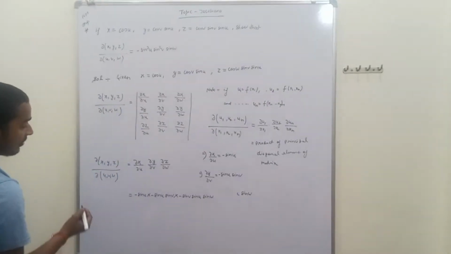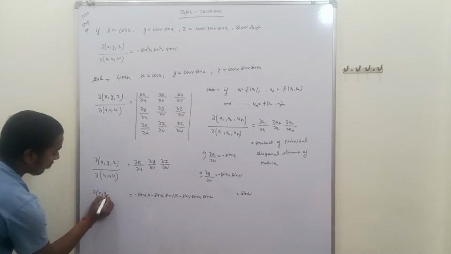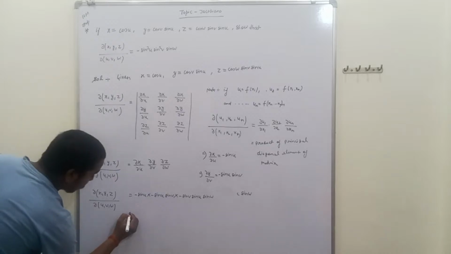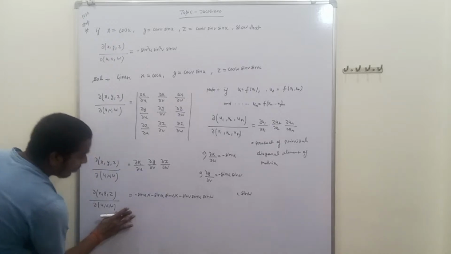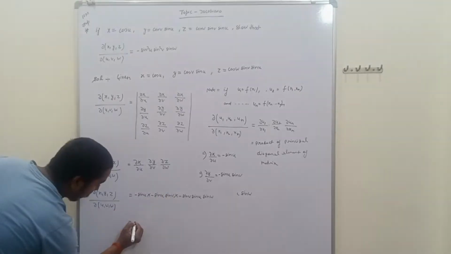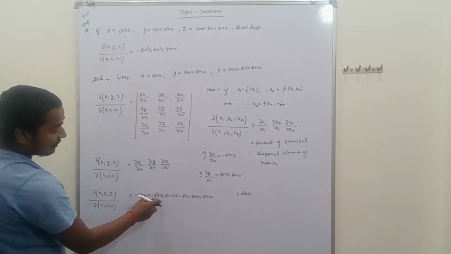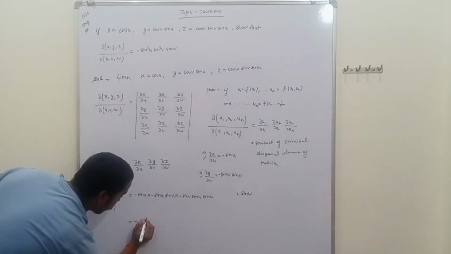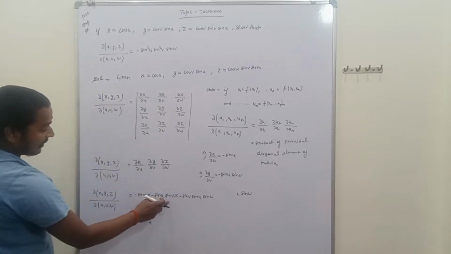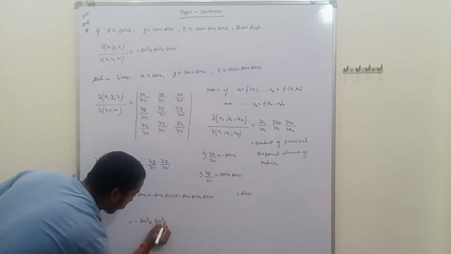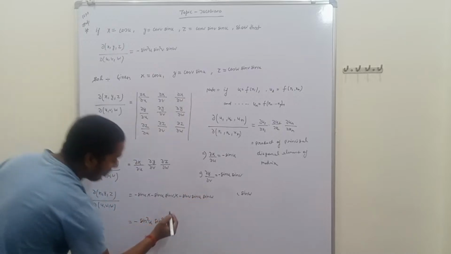We have to multiply these for ∂(x, y, z)/∂(u, v, w). Minus times minus is plus, and times minus again is minus, so minus comes first. Then sin u times sin u times sin u gives sin cube u, sin v times sin v gives sin square v, and then sin w.